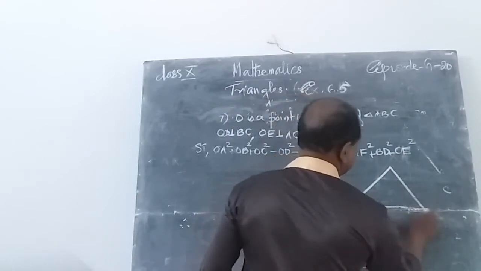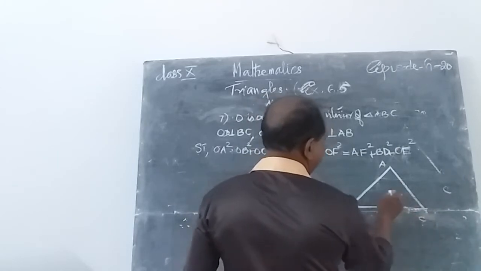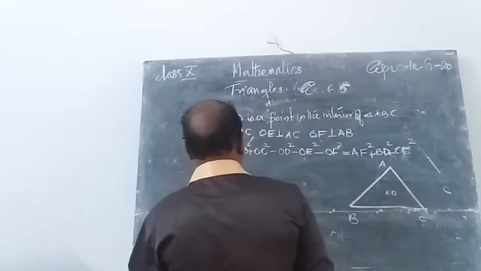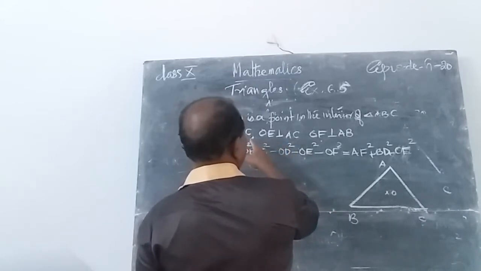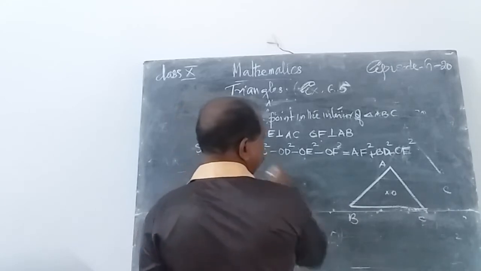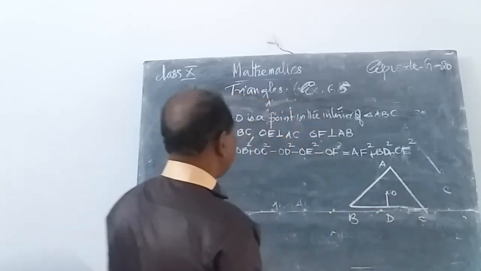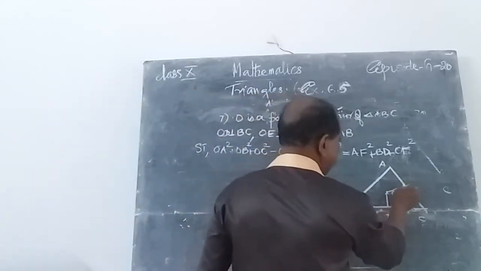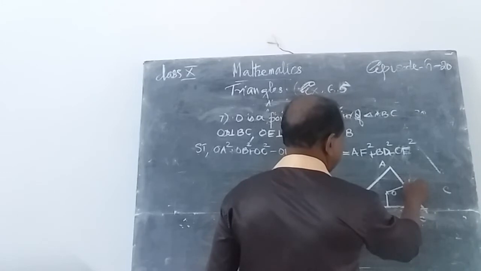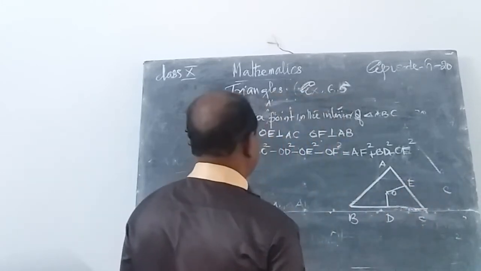Triangle ABC, O is an interior point. OD perpendicular to BC, then OE perpendicular to AC, and OF perpendicular to AB.